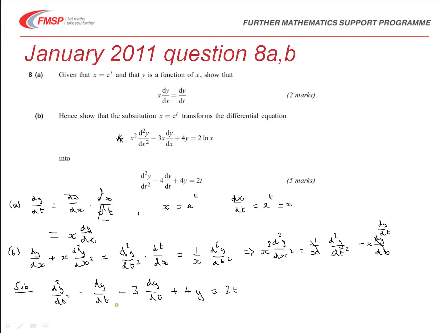And then of course we can tidy this up, because these two bits here give us our minus 4 lots. So this piece here we can then just tidy up to give us the result that we require here.